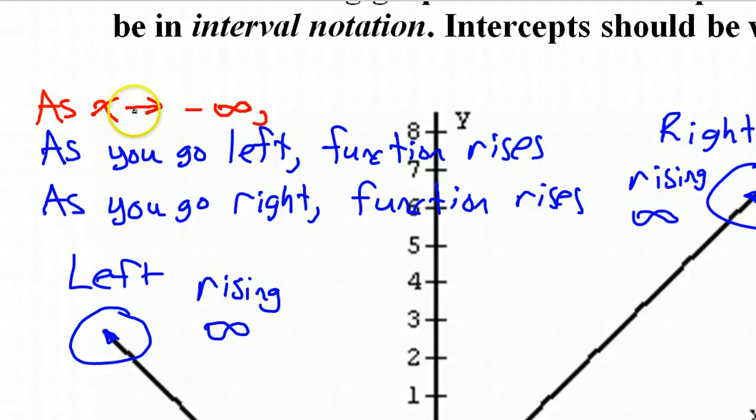You put an arrow, but this would be read approaches. Now we want to say the function rises. So we can say f of x approaches positive infinity. Because that says the function rises. The function approaches infinity is a mathematical way of saying that.